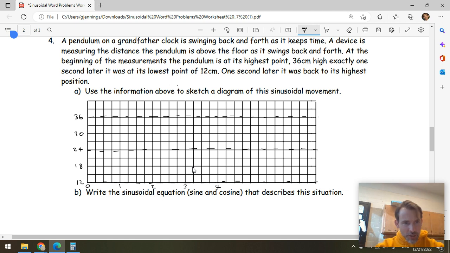All right, and so I know that it starts up there at the maximum. It swings down here to the minimum after exactly 1 second, and then it goes back up. It's going to be back up to the maximum after that much more time. So then we're just going to go along, and try and hit that midpoint.